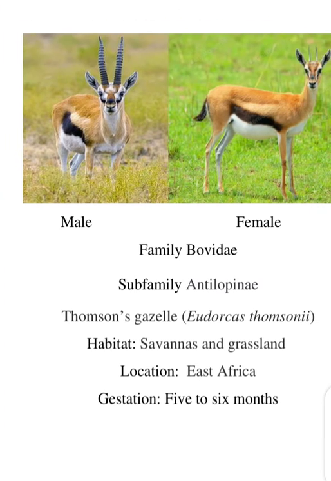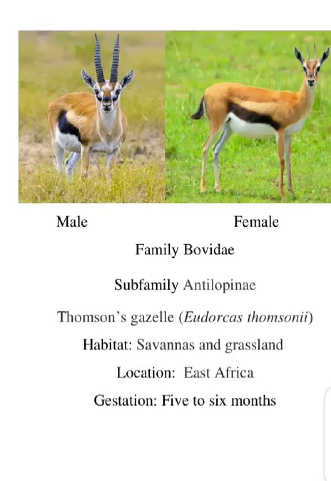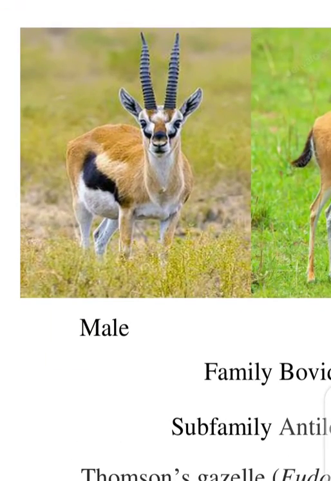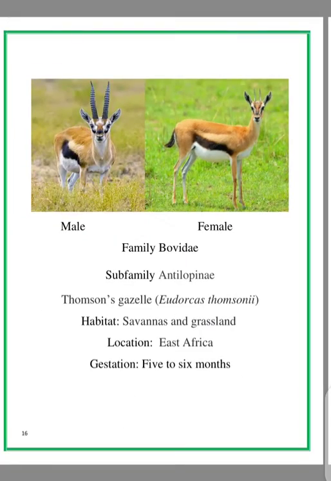And this is the Thomson's gazelle, which belongs to the subfamily Antilopinae, Eudorcas thomsonii. It's a savanna and grassland type of animal. It's found in eastern Africa, with a 5 to 6 month gestation period. It also exhibits sexual dimorphism. Look at the male and the female, and the difference.